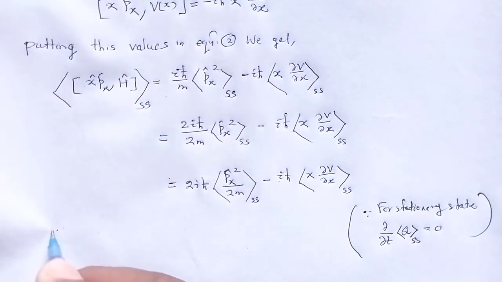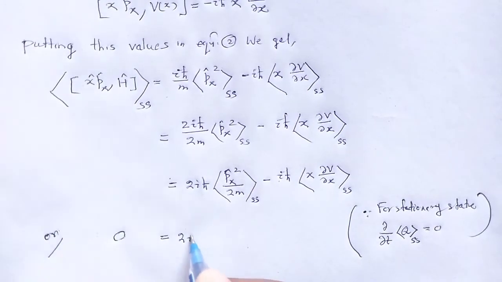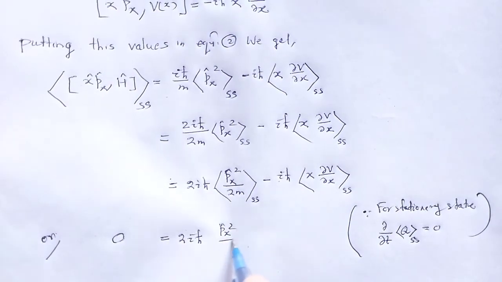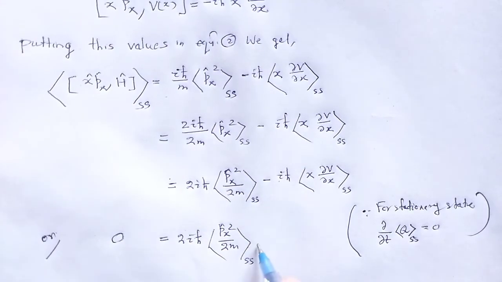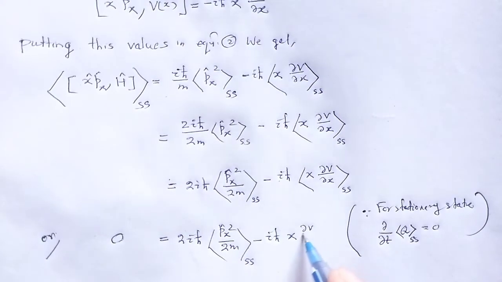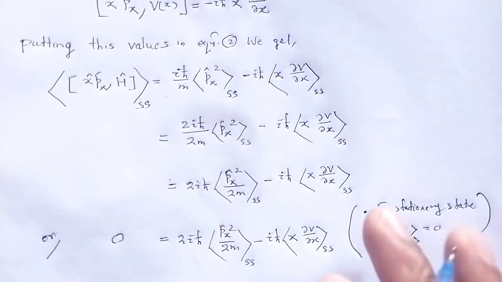Therefore, we have 0 is equal to 2 i h cross px square divided by 2m for that of stationary state minus i by h cross x del v by del x expectation for that of stationary state.